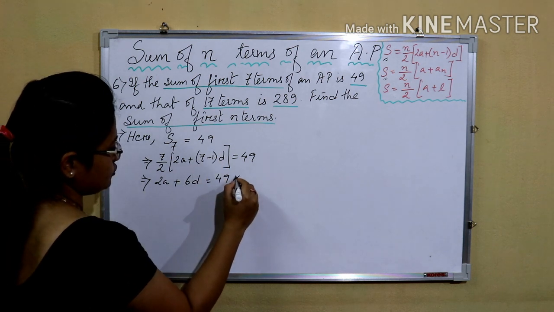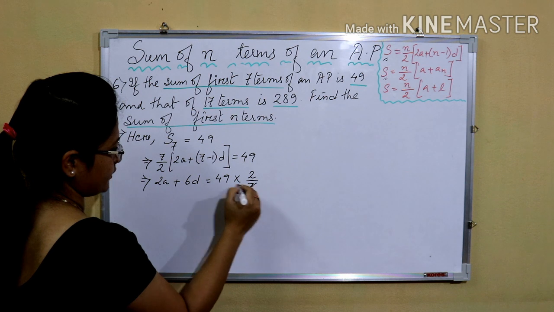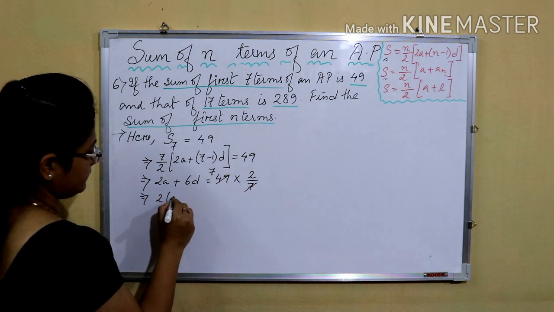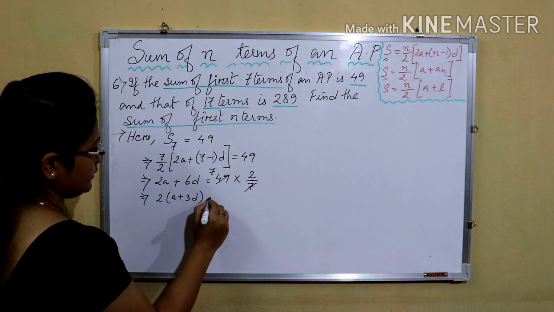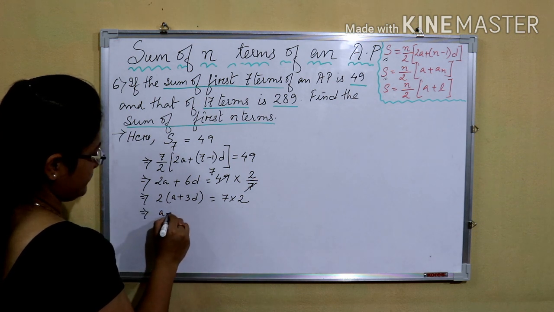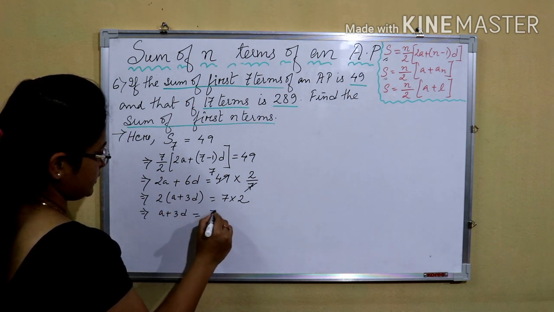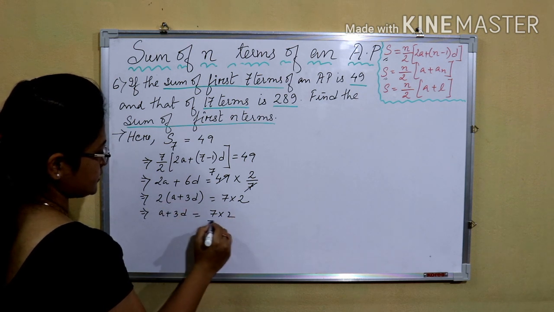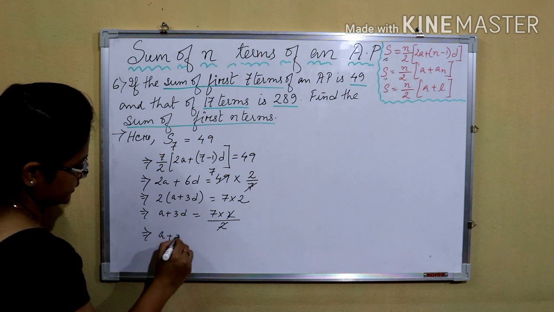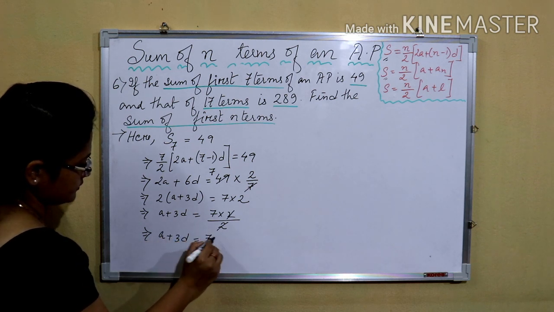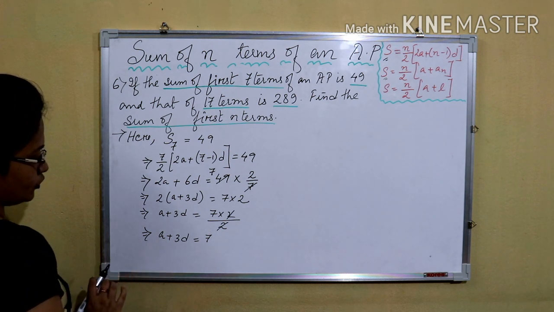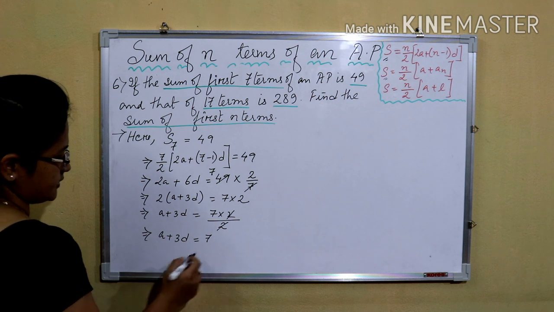So 49 into 2 by 7. So we can take 2 as common here. a plus 3d equal to 7 into 2, and if this 2 goes this side, it will be divided. So we got a plus 3d as 7. That means we got the fourth term as 7.